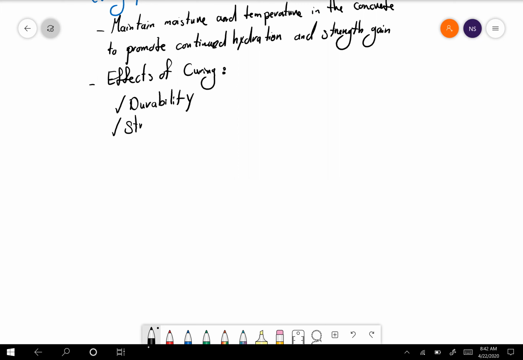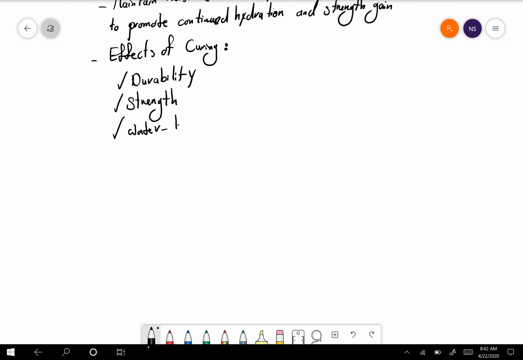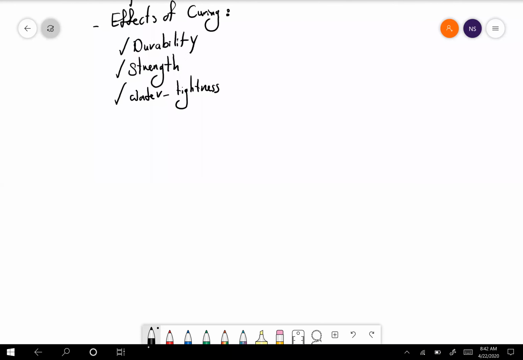You can also make sure that you're reaching the strength level that you were designing for, the water tightness. And also the resistance for abrasion. So abrasion resistance.